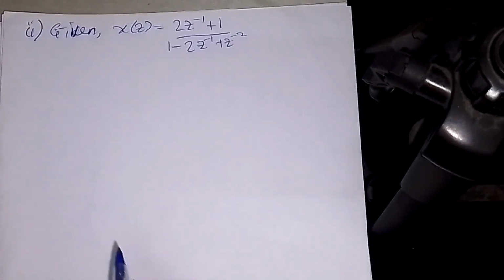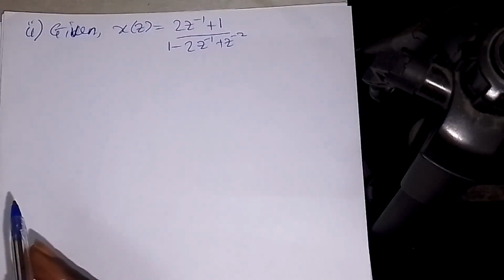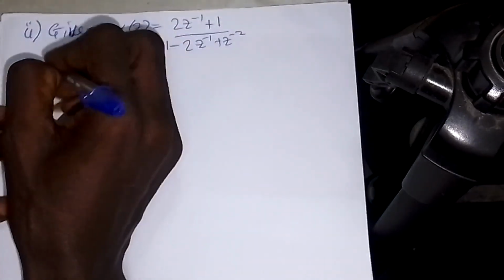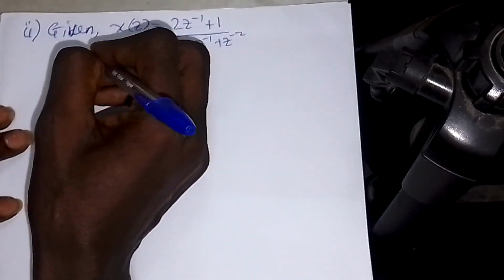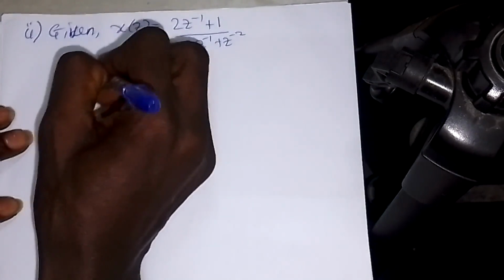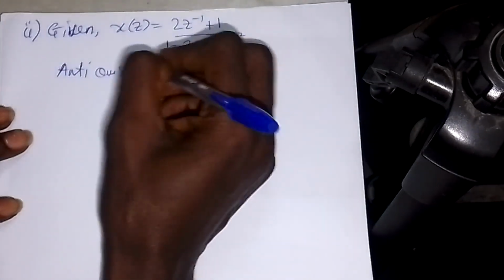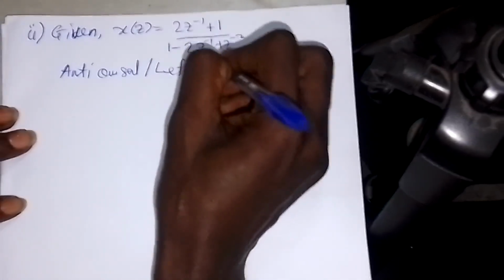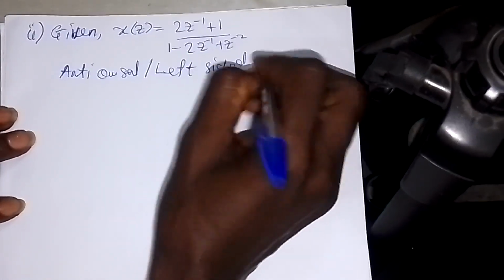Now in this one, what can we do? Here we are told that it is an anticausal or left-sided sequence.